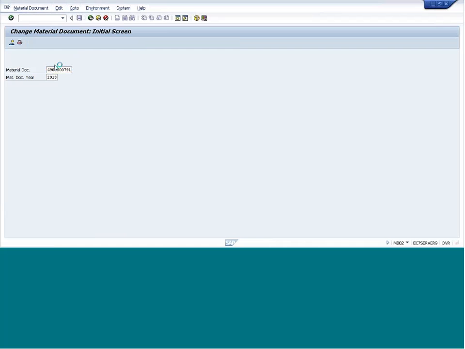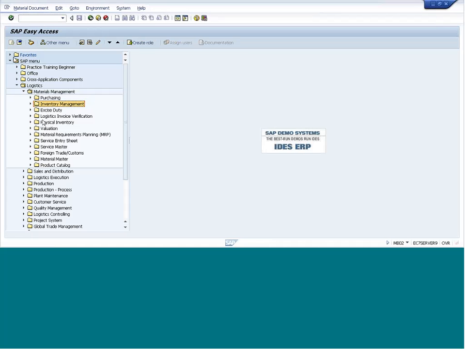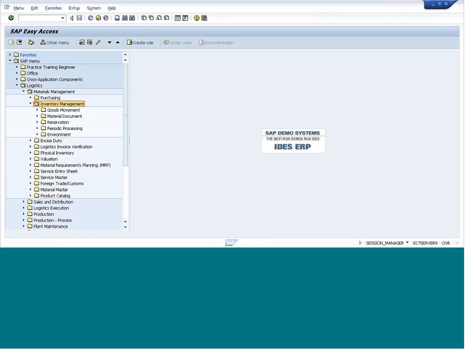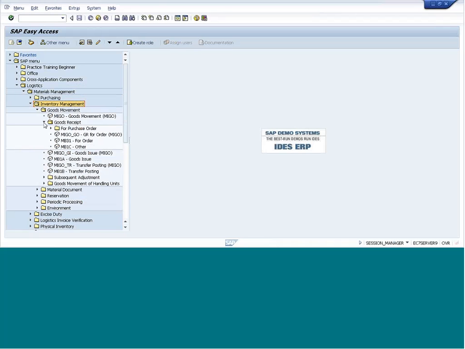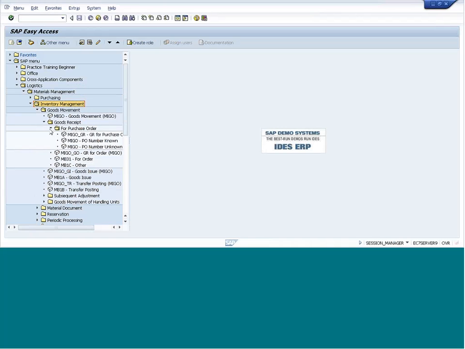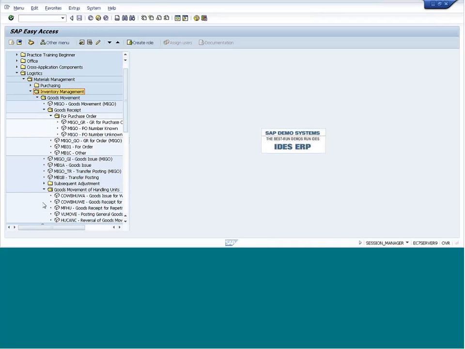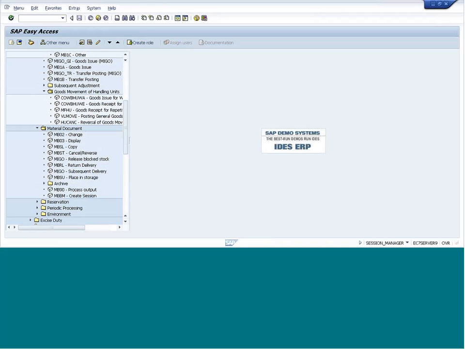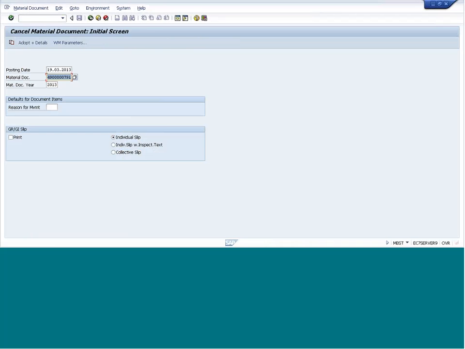There are some transactions to cancel that. Let me check if any transaction is given here. Okay, goods receipt. Yes, it is there. You said the very first document, right?